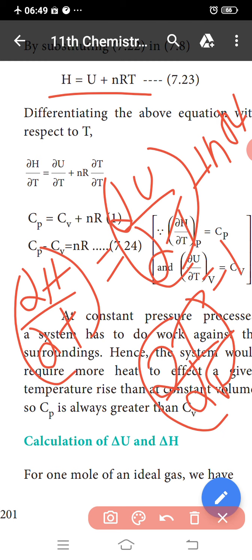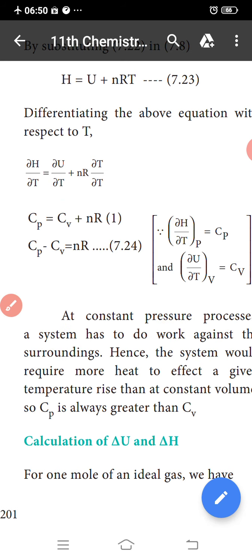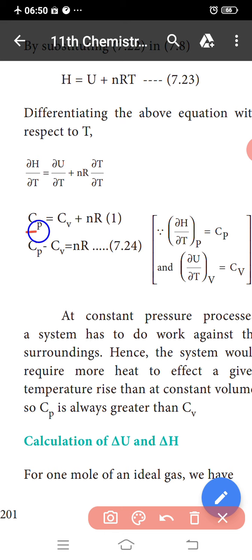Dou H by dou T is called Cp. Dou U by dou T is called Cv. So Cp is equal to Cv plus nR. So Cp minus Cv is equal to nR.